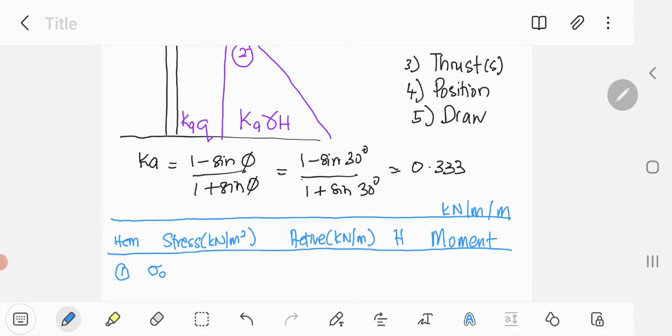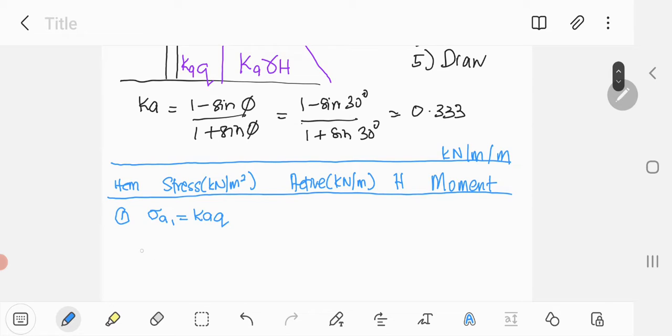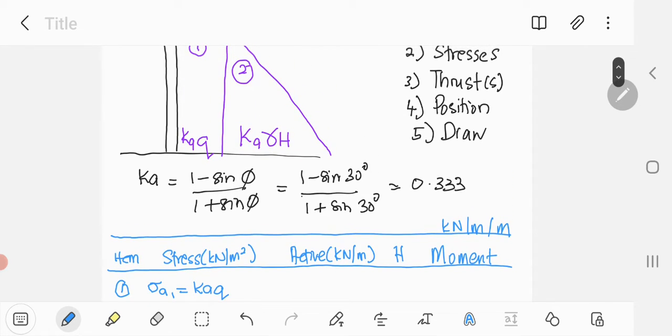Let's say stress A1 is for element 1, so get the value of KaQ, and then calculate. Ka is 0.333 multiplied by the surcharge, which is 48, and then you get this answer. Okay, and then you need to calculate the thrust.